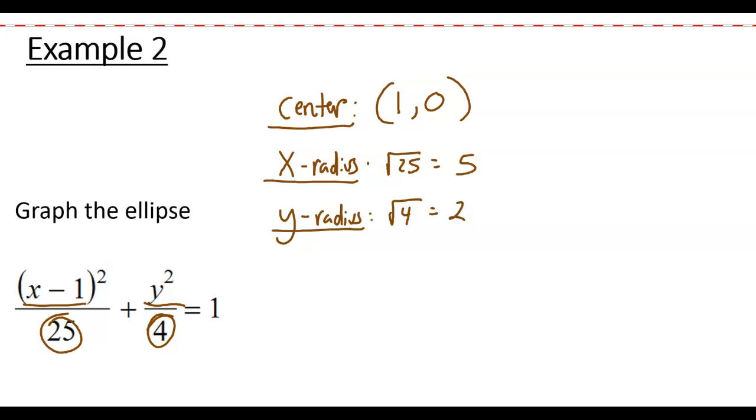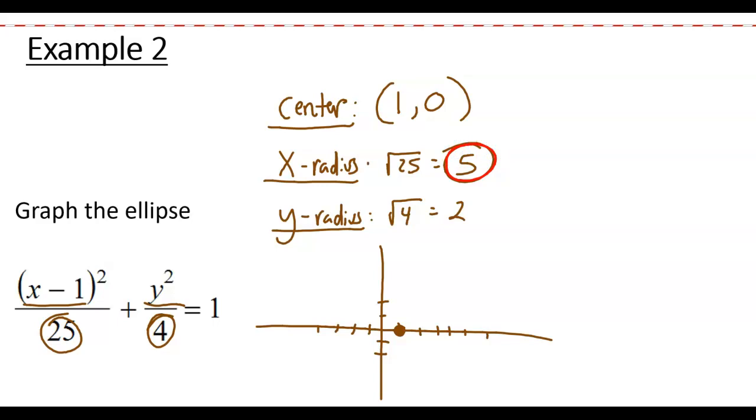At that point, we have enough to go ahead and sketch an ellipse. So I'm going to plot my center, which is at 1, 0. And now I'm going to do my radiuses. So my x radius is 5.